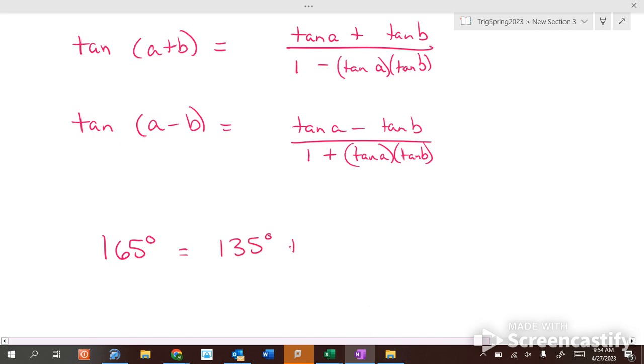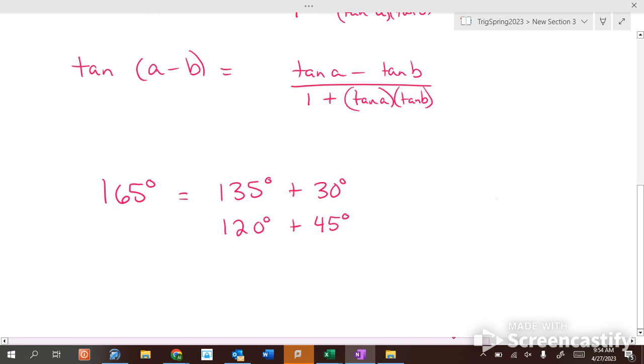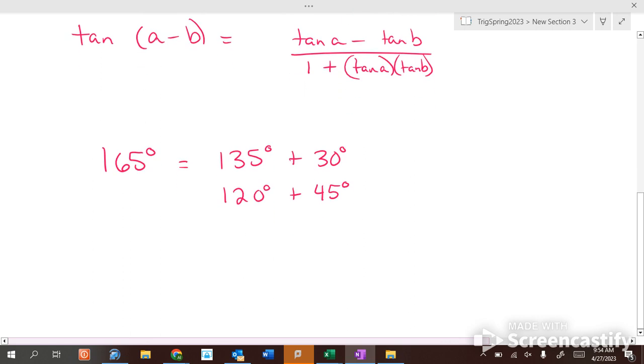135 and 30. Another one would be 120 and 45. Okay, so those are a couple examples. When you use degrees, it's super simple. You can add numbers really easily.